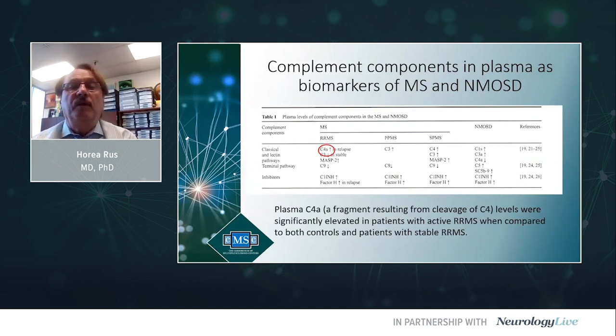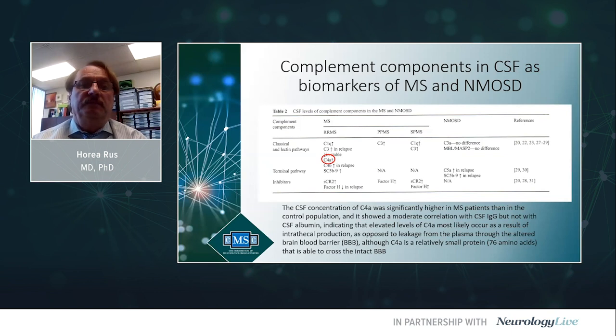C4a is a fragment which results from cleavage of C4, and its levels were found to be increased significantly in patients with active relapsing remitting multiple sclerosis when compared with both controls and patients with stable relapsing remitting multiple sclerosis. The concentration of C4 in CSF was also found to be higher in MS patients than in healthy controls.